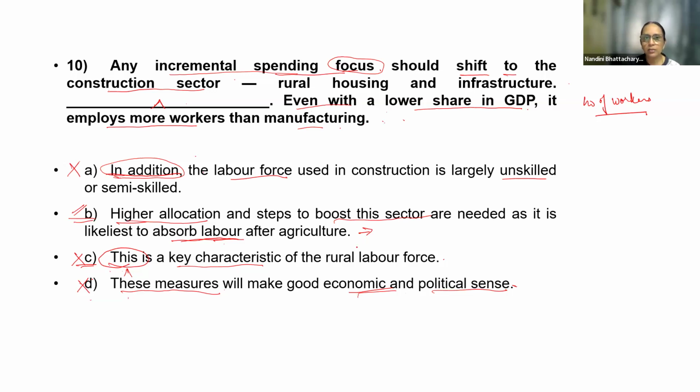After agriculture, if we focus on the construction sector, it will employ more labor, and even with lower GDP, employs more workers than manufacturing. So more than manufacturing and second after agriculture. So it connects the two sentences. Got it?